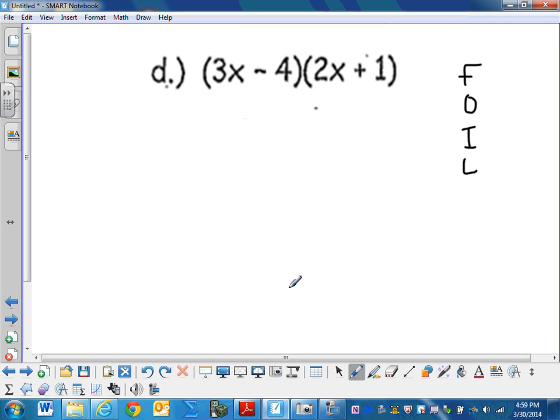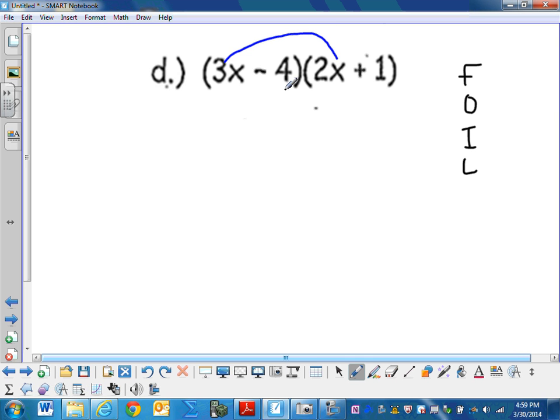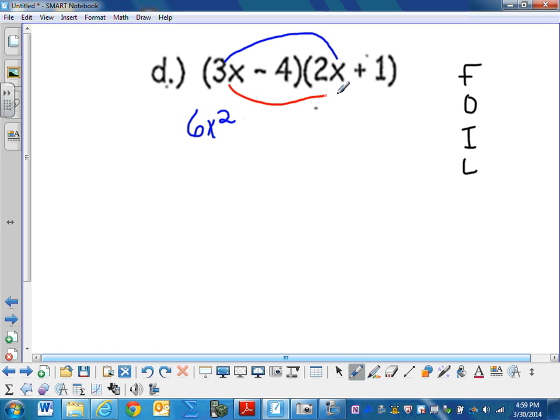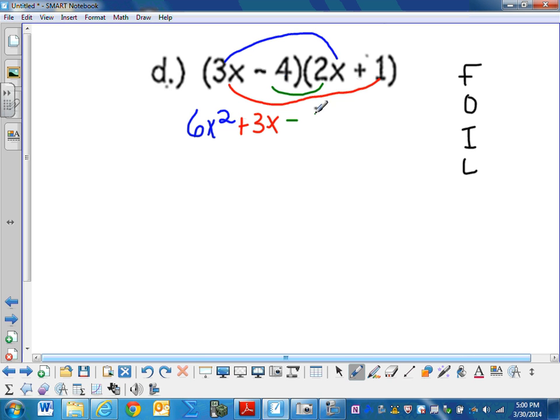3x minus 4 times 2x plus 1. First term, 3x times 2x is 6x squared. The outer term, 3x and a 1, is plus 3x. Now we'll multiply the inner term of negative 4 and 2x, which is negative 8x.